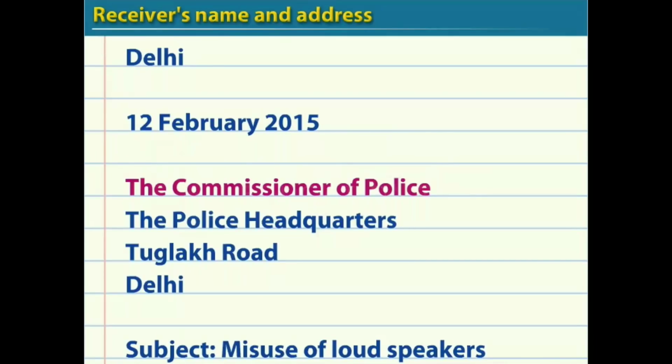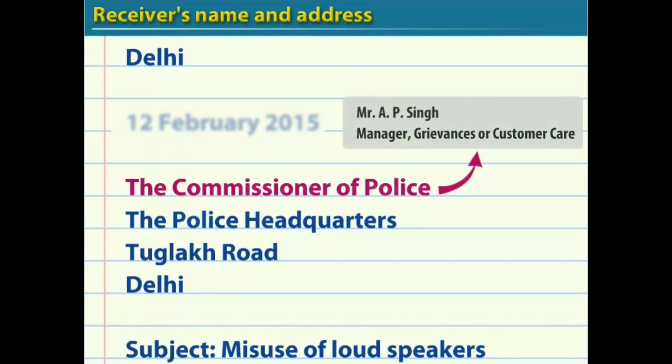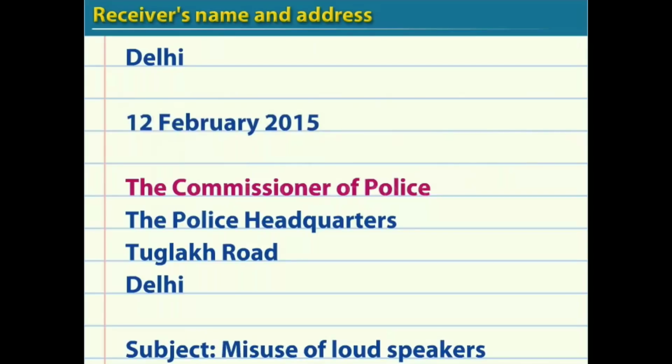If you know the name of the receiver, write it first, followed by the designation. For example, Mr. A.P. Singh, Manager, Grievances or Customer Care. If you do not know the name of the receiver, write only the designation. Write the official address below the designation without leaving a line.